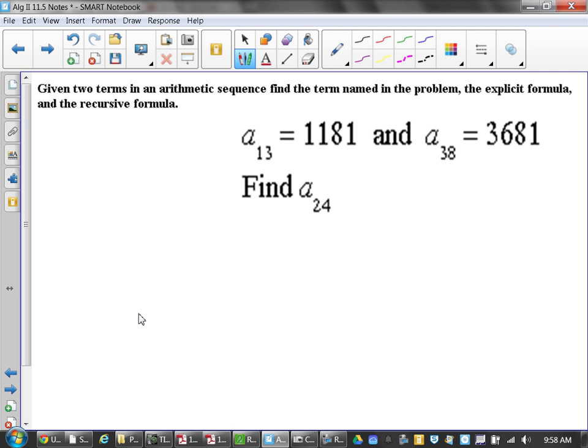In order to do that, you know that the 13th term is something, you know that the 38th term is something else. When you had two different terms, how many times did you write out the generic formula? Right. And then what did you do? So we did the formula and systems of equations. Yep, a very quick, simple system of equations.